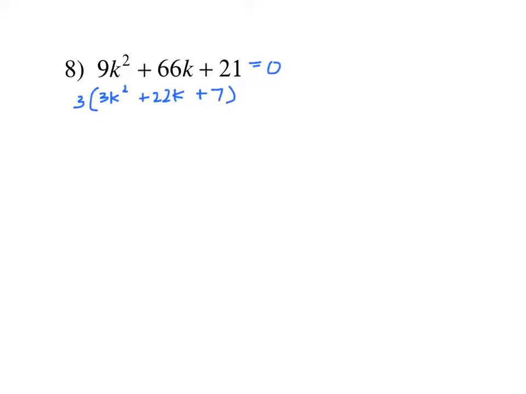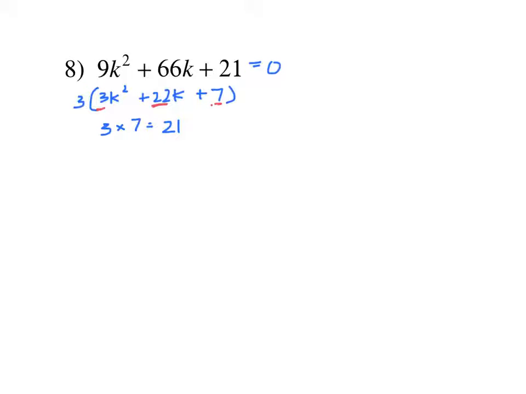Okay, and then what I'm going to do is take the first term and the last term and multiply them together. Or actually, what I'm really doing is the coefficient on the first term and the last term. So 3 times 7 is 21. And so what I want to think of now are two numbers that multiply to make 21 and add to make 22, the middle term.